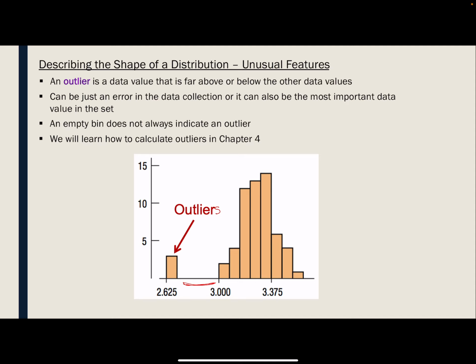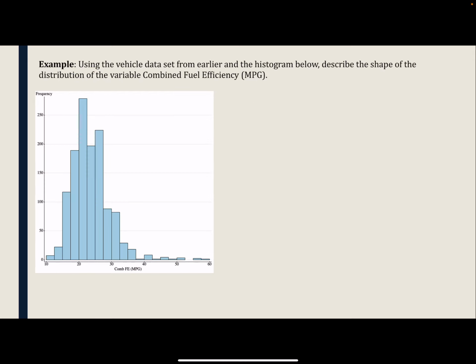So I would say that this is most likely outliers, but you really don't know without making a calculation. So whenever I'm looking at a histogram and discussing outliers, I always use the term possible outliers. And then when we get into Chapter 4, we can actually calculate them and say for sure whether or not something is an outlier.